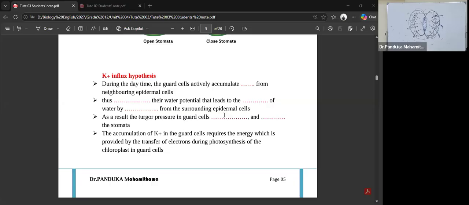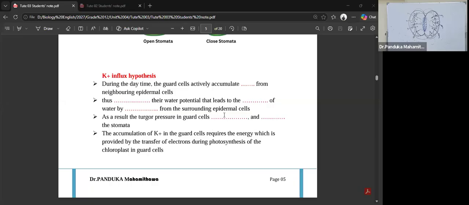You will understand this very clearly when we next learn about water potential. Pure water, distilled water, has the maximum water potential. When you add salt, magnesium, potassium, anything, the water potential goes down.